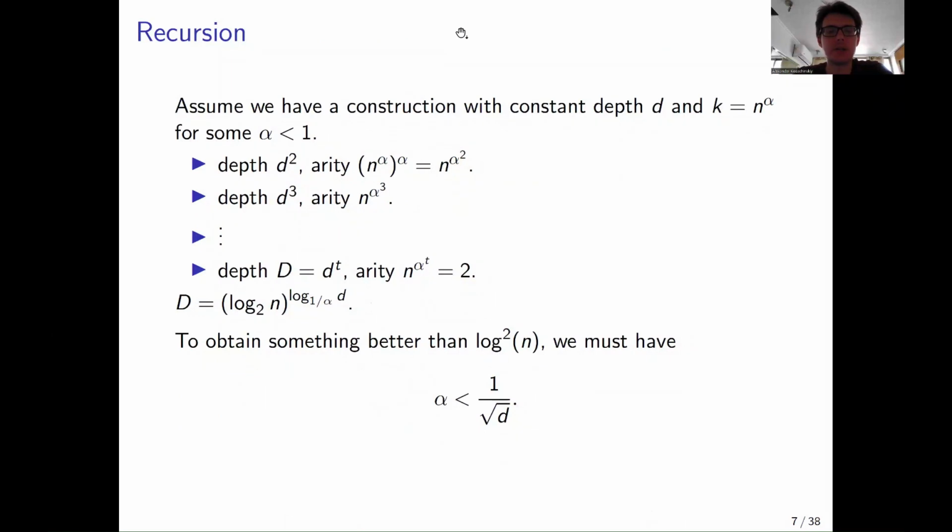Okay, let us discuss what we can achieve by recursion. Assume that we have a construction of a k-sorting network for some constant depth d, and k, which we will call the arity of the network, being significantly smaller than the number of inputs. Let's say that it's n to the alpha for some alpha smaller than 1.